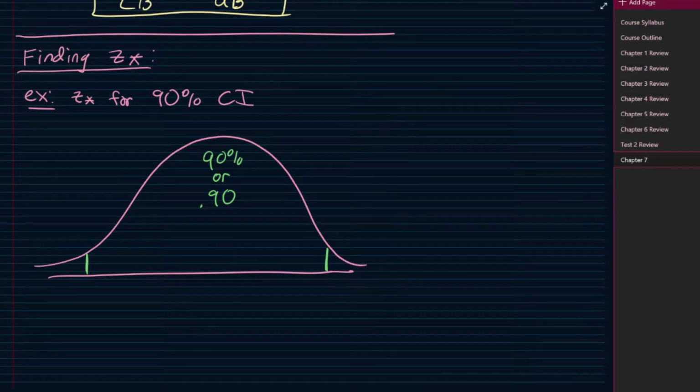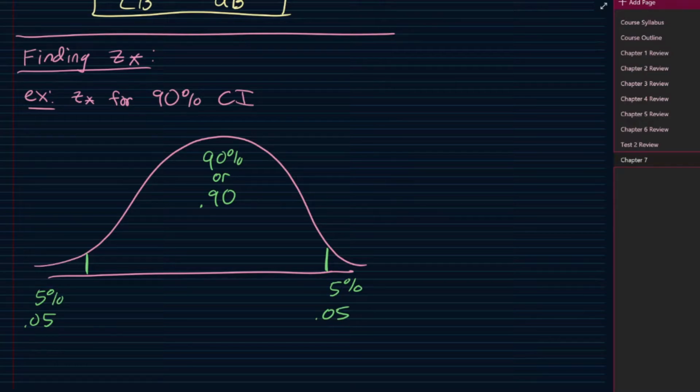Remember, it is symmetrical, so if the middle is 90%, that means we've got 10% left to divvy up amongst the tails. So this tail would have 5%, aka 0.05. This tail would have 5%, aka 0.05. So you can look at it as percentage or probability, right? The percentage is above the probabilities here in what I've written.